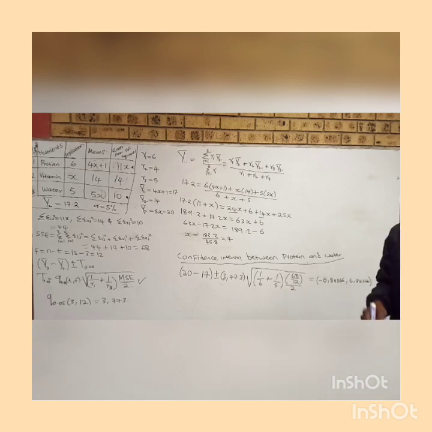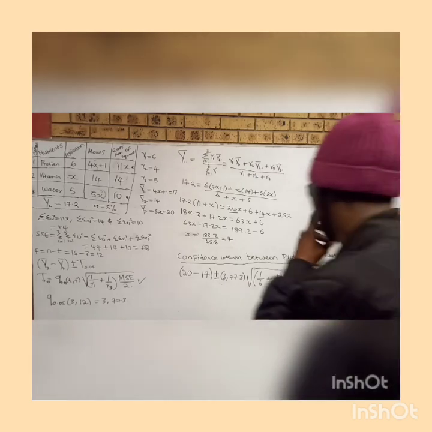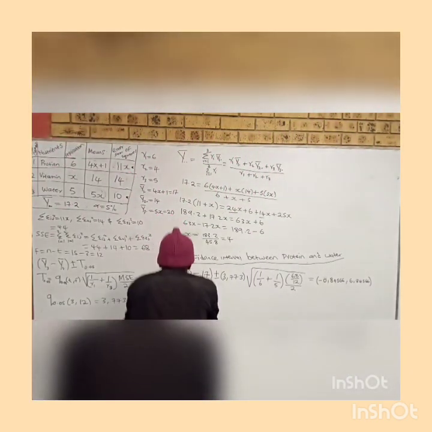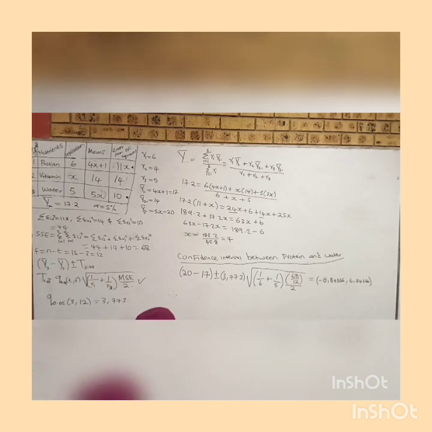So how do I conclude? My conclusion is that I'm going to conclude, since 0 is included, so we know that in this case, if 0 is included, it means the means are constant.